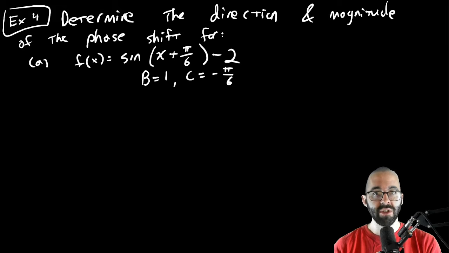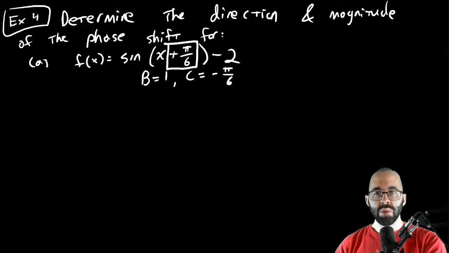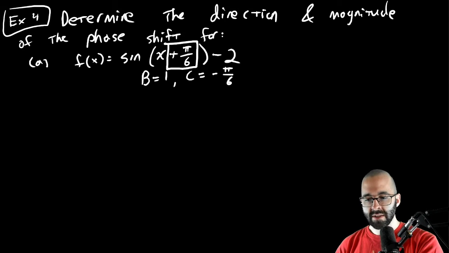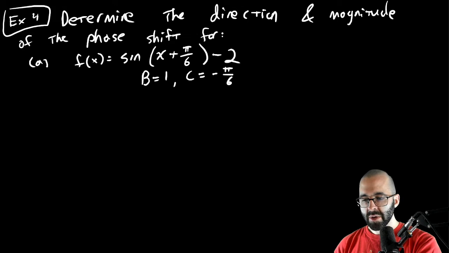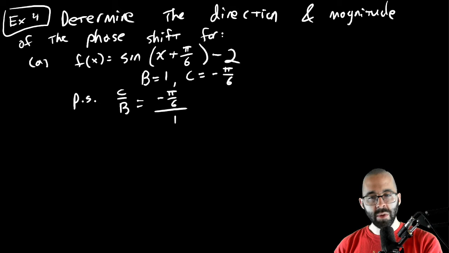So watch out for that. Another thing is you can remember function transformations. Plus on the inside means to the left. Okay. So either way, the phase shift, let's write lowercase, phase shift is going to be C over B. So C over B is negative pi over 6 divided by 1, or just negative pi over 6.